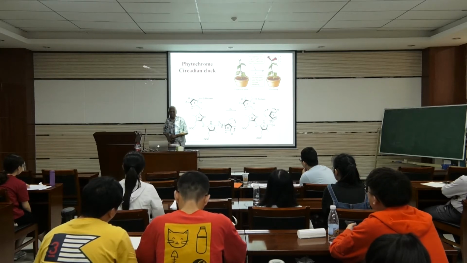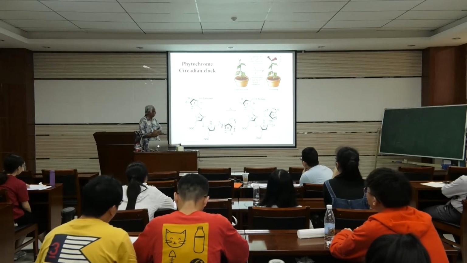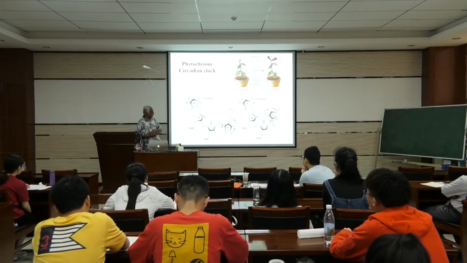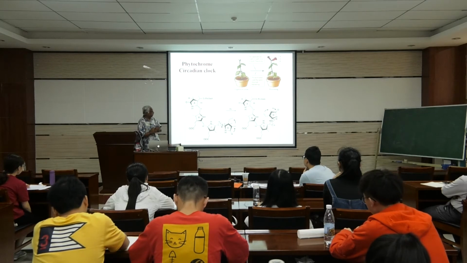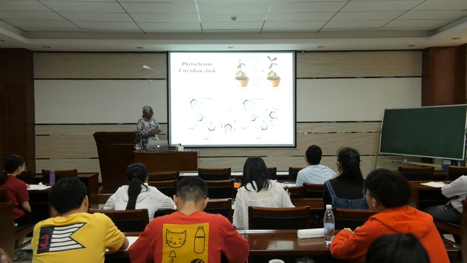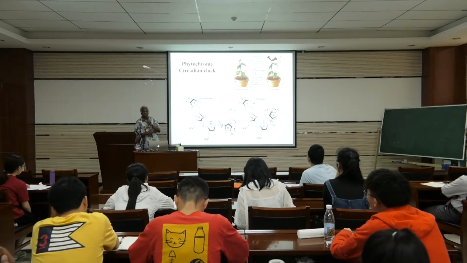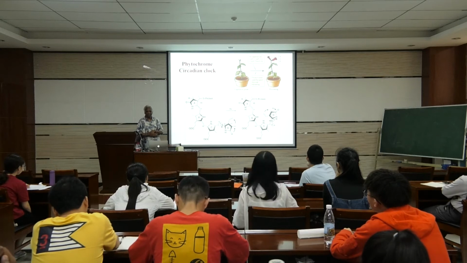When the light hits this molecule, this double bond will isomerize. So this molecule and that molecule have different absorption spectra. So this plant will keep using this reaction going from here to here, coming from here back to here, to keep track of the time of the day.